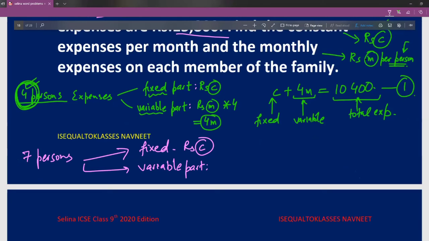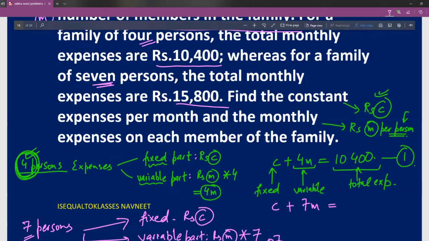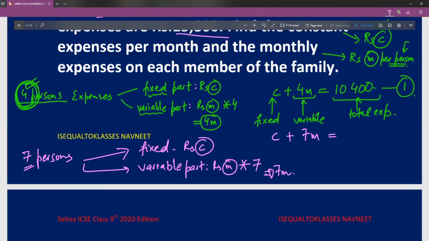So this will be equal to rupees M into how many members are there? 7. So this will become 7M. The second equation that I will have is C plus 7M would be equal to 15,800.